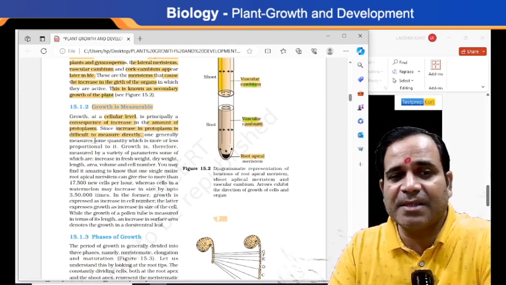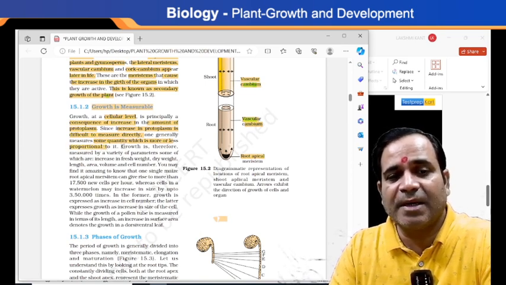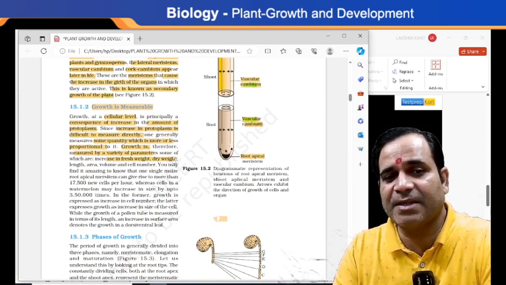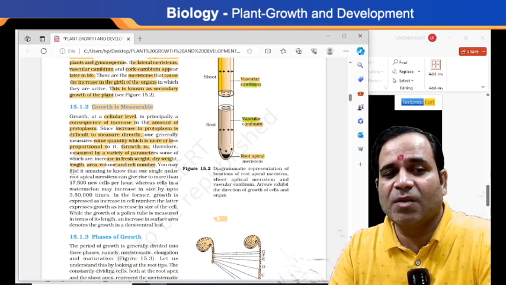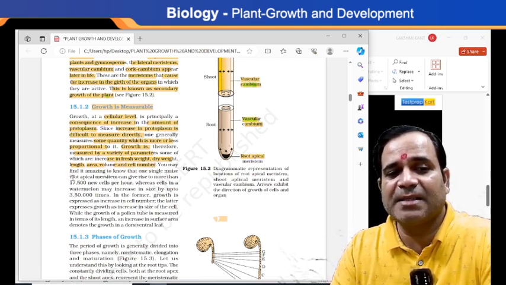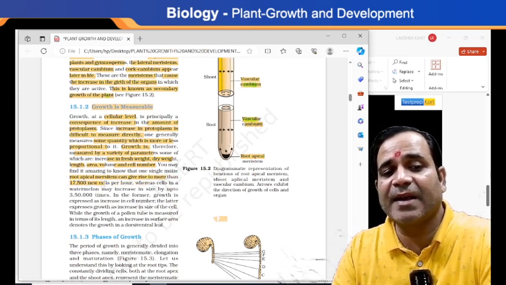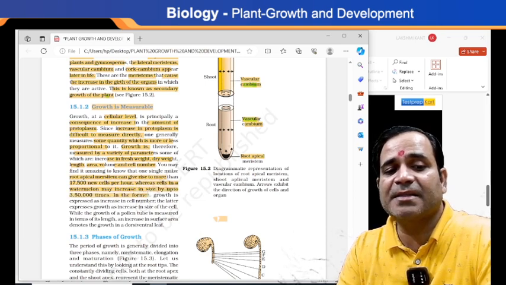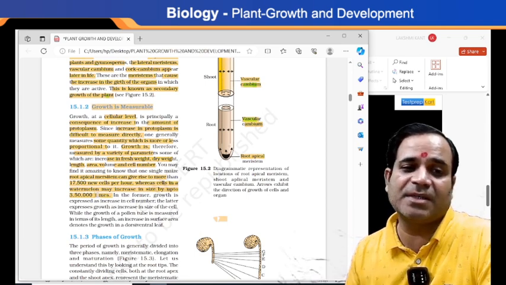So one generally measures some quantity which is more or less proportional to it. Growth is therefore measured by a variety of parameters: increase in fresh weight or dry weight, length, area, volume, cell number. It is amazing to know that a single maize root apical meristem can give rise to more than 17,500 new cells per hour, whereas cells in a watermelon may increase in size up to 3,50,000 times, my dear.